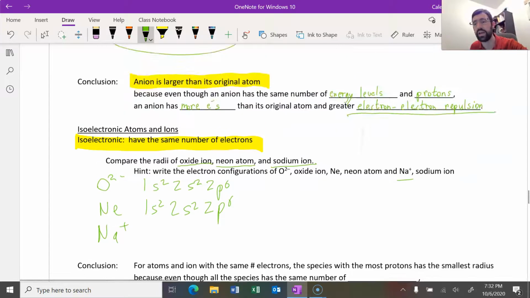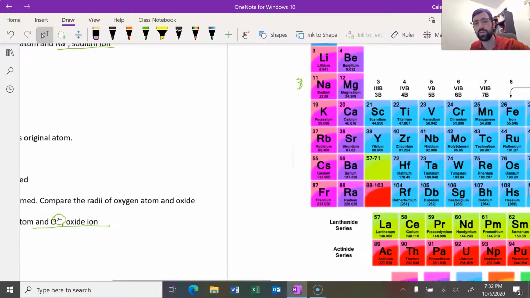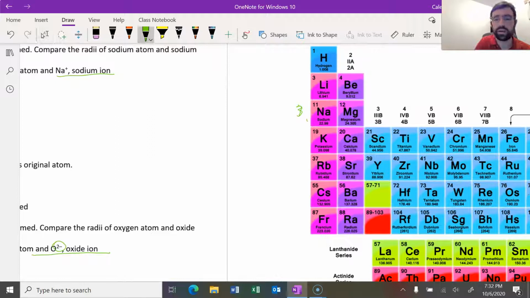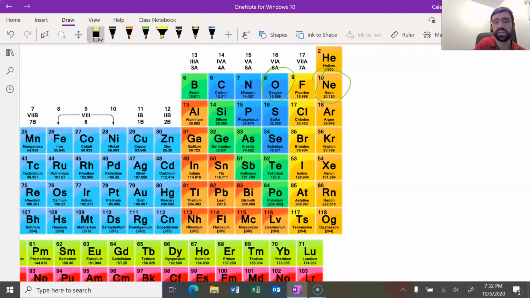Okay, now we want to go on to write Na+. See where Na is. So Na is up here, but Na plus would be losing 1 electron. So it wouldn't end in 3s1, it would end in whatever's right before 3s1. So if I lost this electron, I would go back to the same place as neon, which is 2p6.